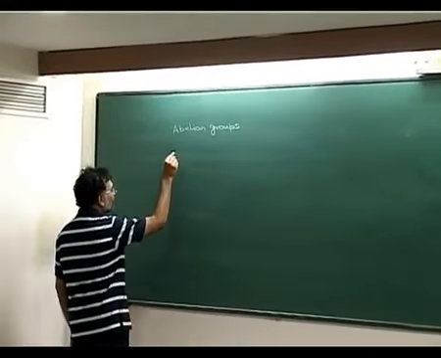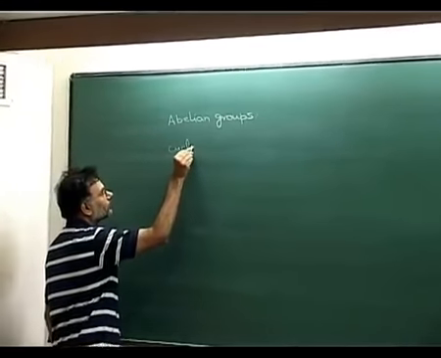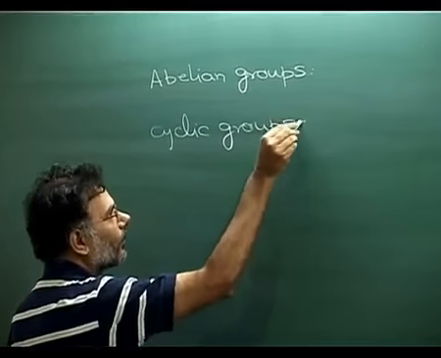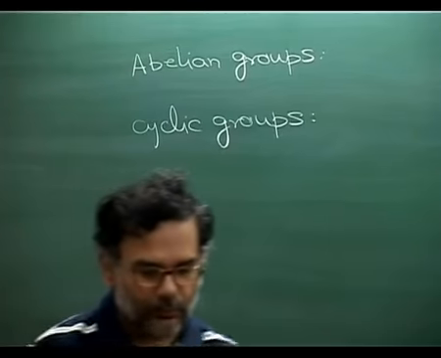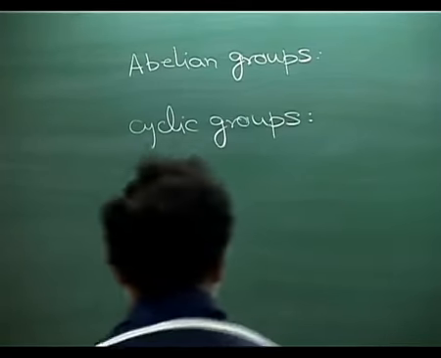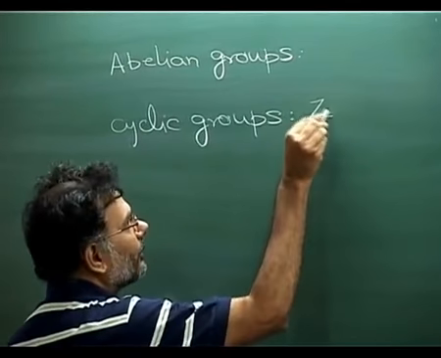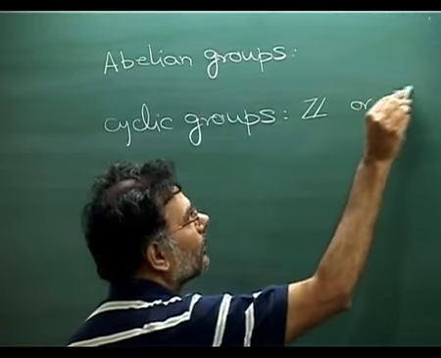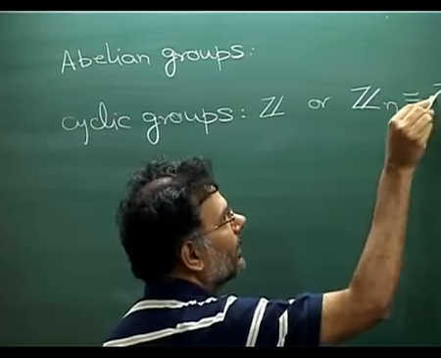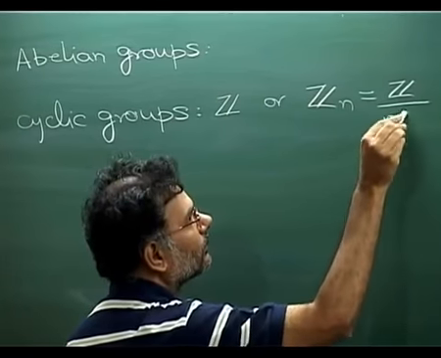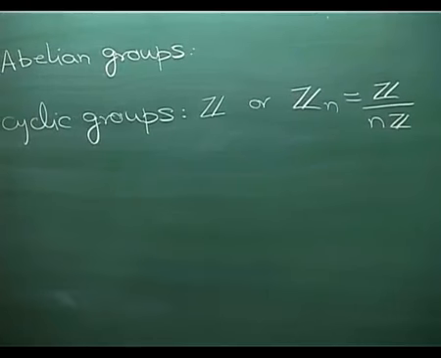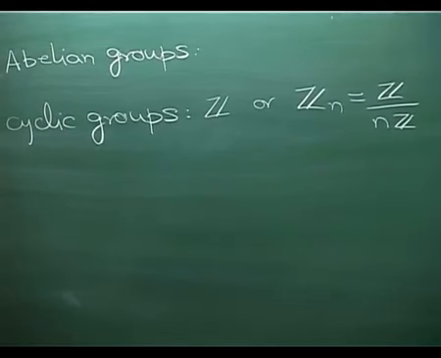The simplest, of course, are the cyclic groups. Cyclic groups come in two kinds. One is the infinite cyclic group, which is Z itself, or you have the finite cyclic groups, quotients of Z, or Zn. By Zn I mean Z mod nZ. These exhaust all the cyclic groups.